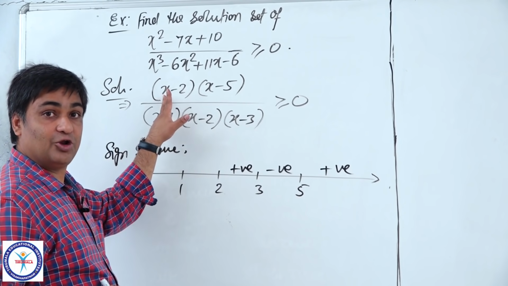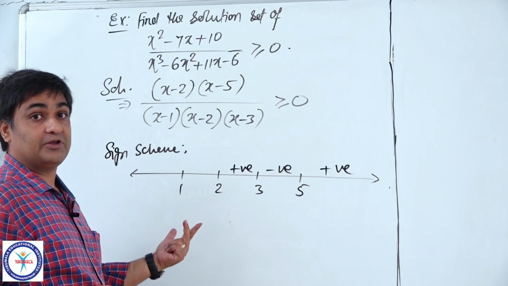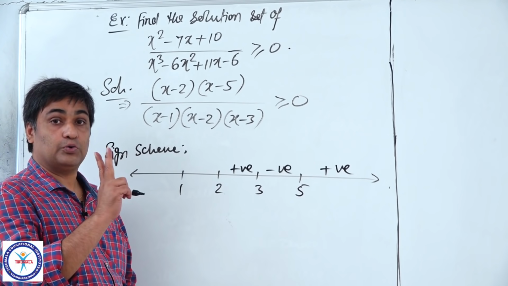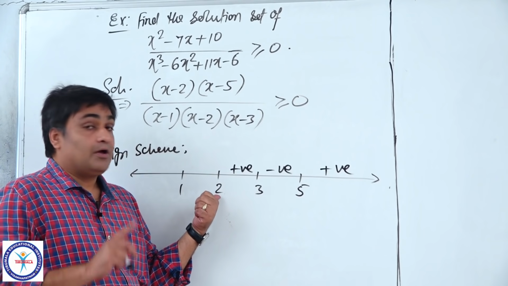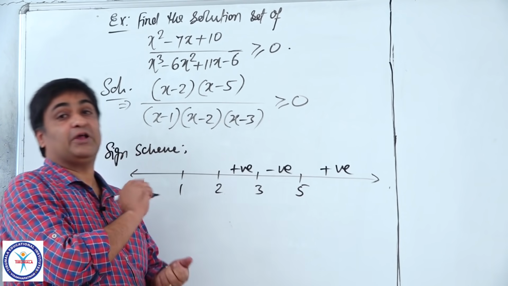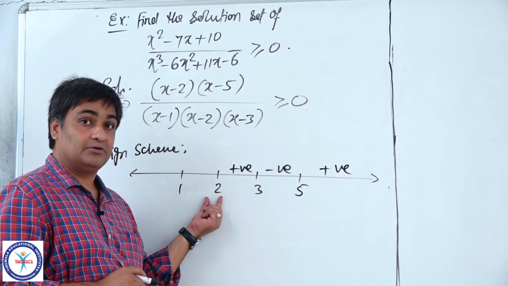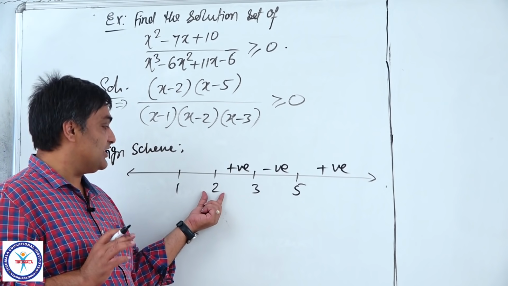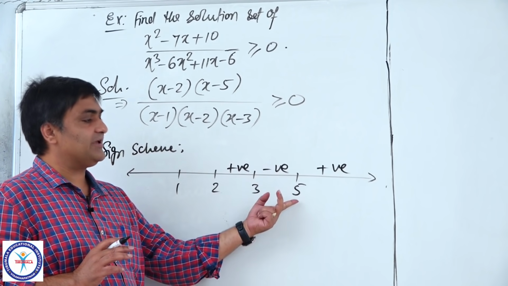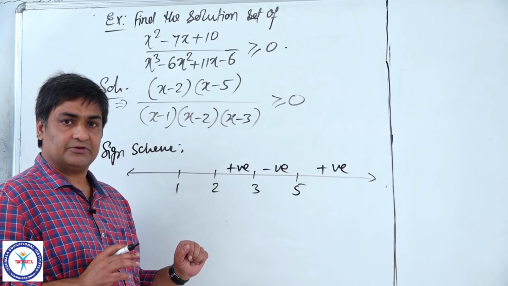2 appears once in numerator and once in denominator. So we will count the frequency of 2 as 2 times, which is even. Remember, we have to think of whether the frequency is even or odd, not the roots. Here 2 is the root, it is even eventually, but if the frequency of 5 is also even, then sign won't change.